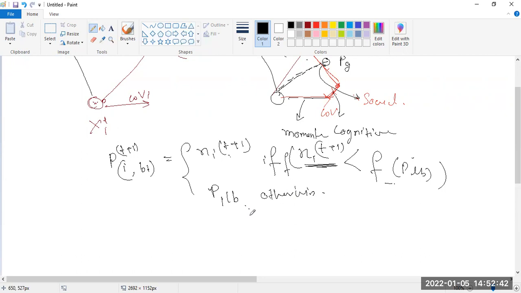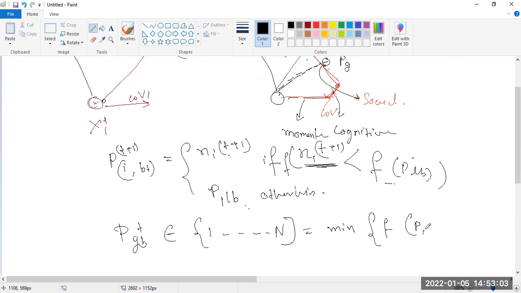Otherwise it will remain the same. And for PGB, the global best, it belongs to 1 to n, and it will get only the minimum value of the function among P1 to Pn.